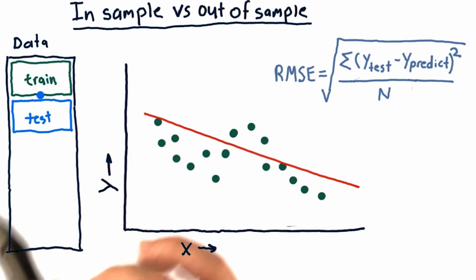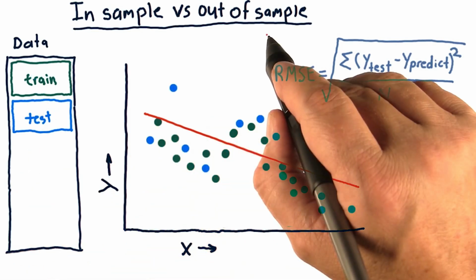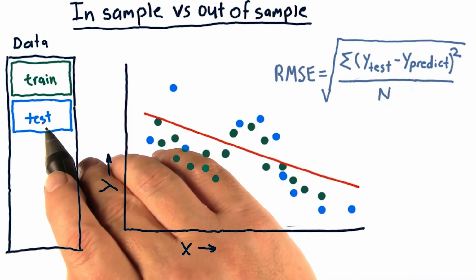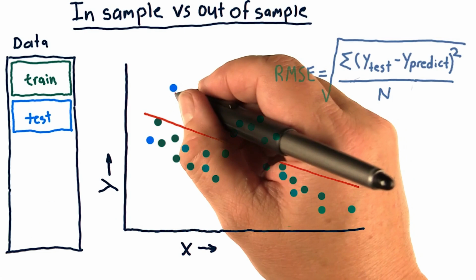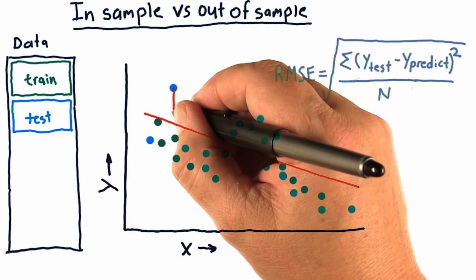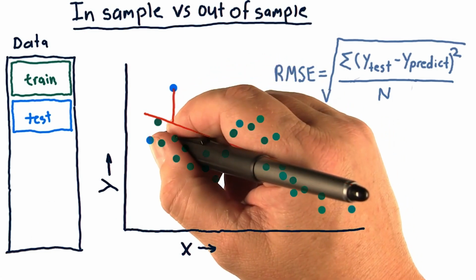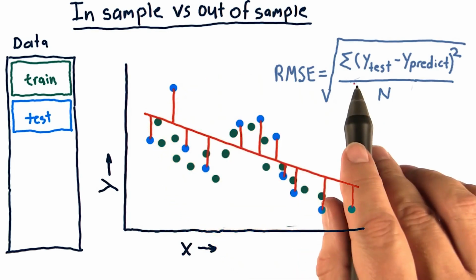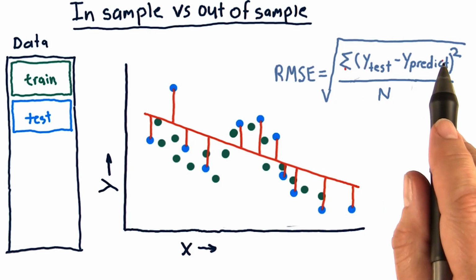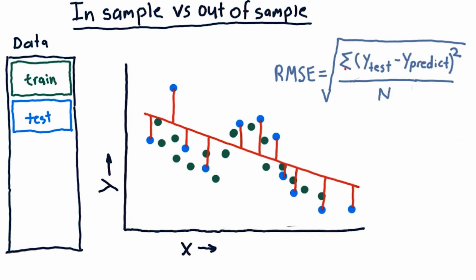And that's going to be different than our training set. So to measure out of sample error, we look at the error from our testing set, not our training set. So we look at each one of these test points and measure the error for each one of those. So we look at these blue points instead of the green points, plug them into this equation just like before, and that's our out of sample root mean squared error.